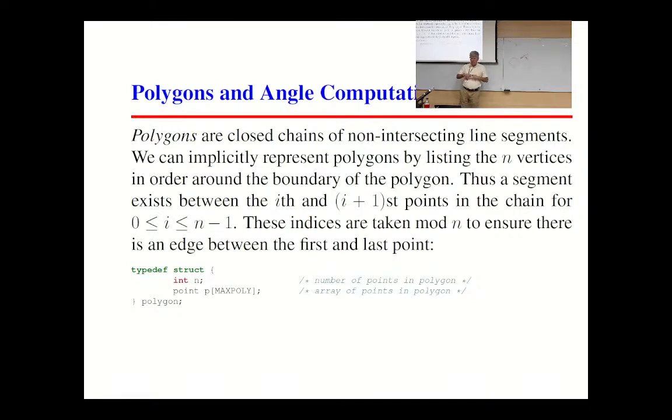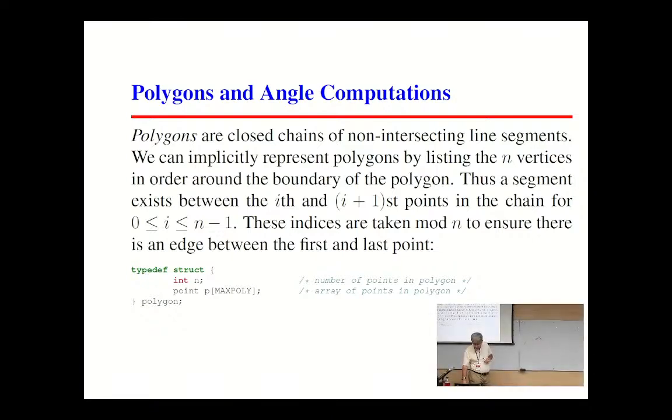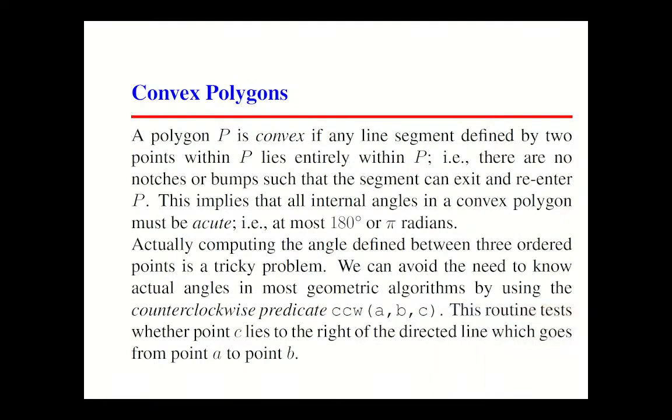We want to know something about polygons. Polygons are closed chains of line segments. You can implicitly represent a polygon by just listing the vertices in order, where there's an implicit edge between vertex I and vertex J, and that's a useful thing. A specific class of polygons that are going to be important to us are convex polygons.